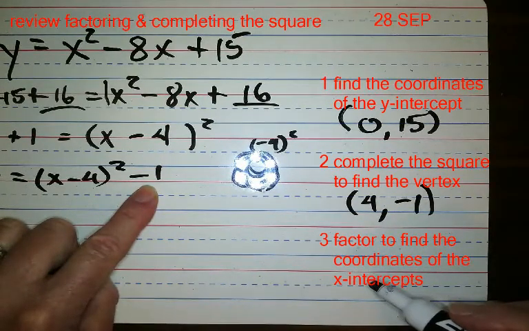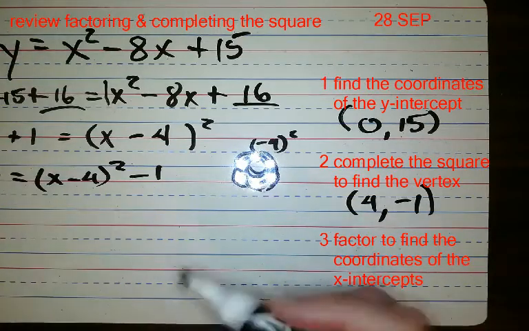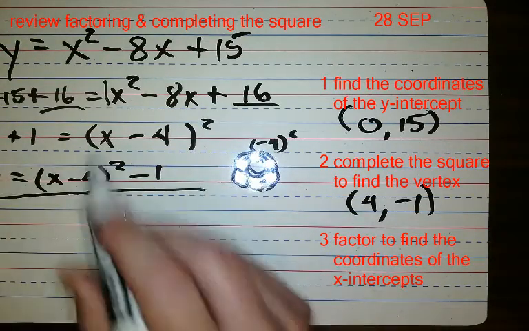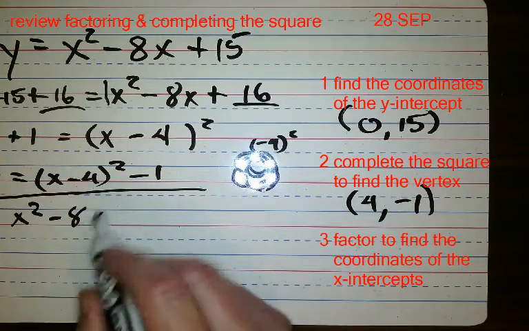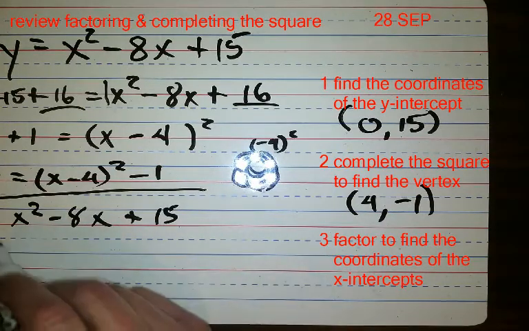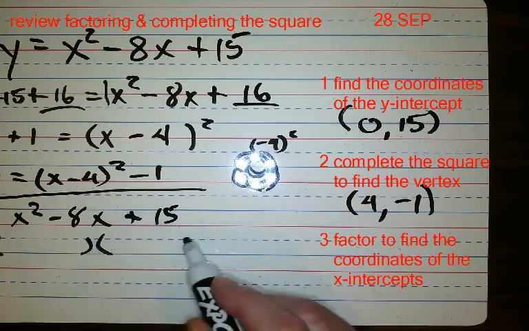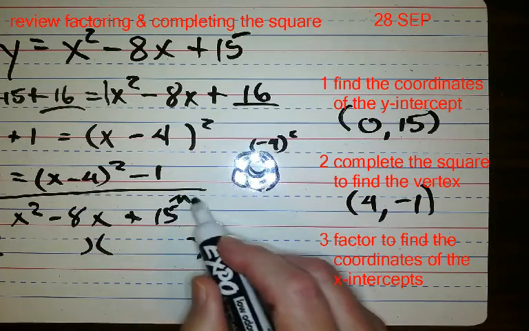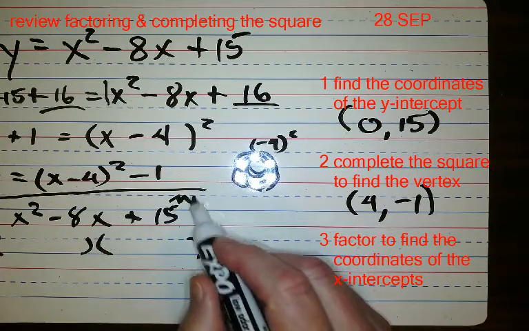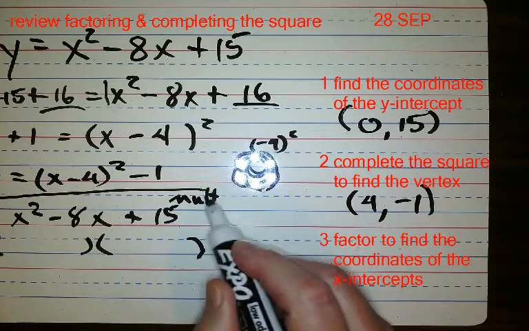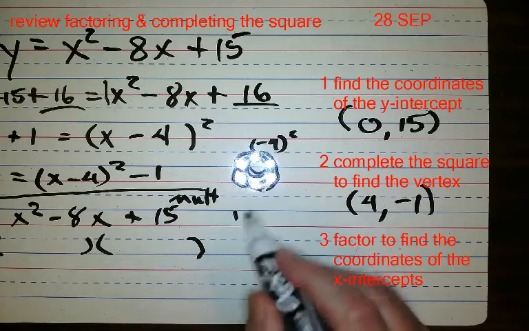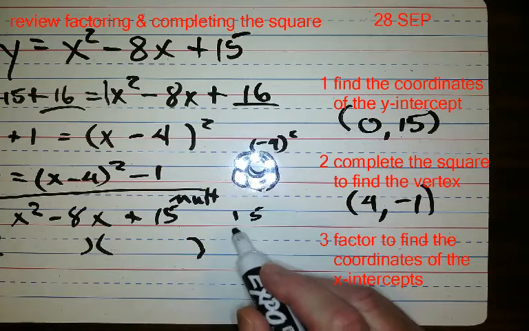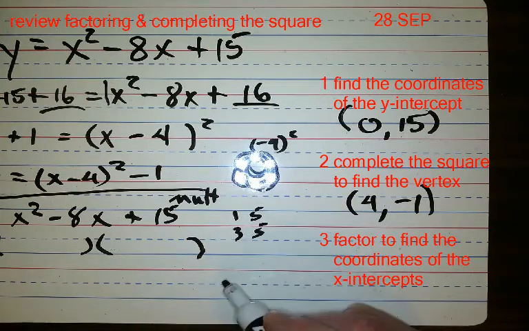All right? Now then, factoring! Got to go back to the original one, x squared minus 8x plus 15. And when we factor, find the numbers that multiply to be 15. Well, 1 and 15, 3 and 5.